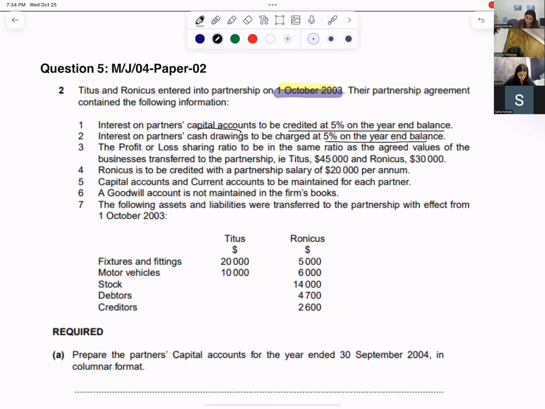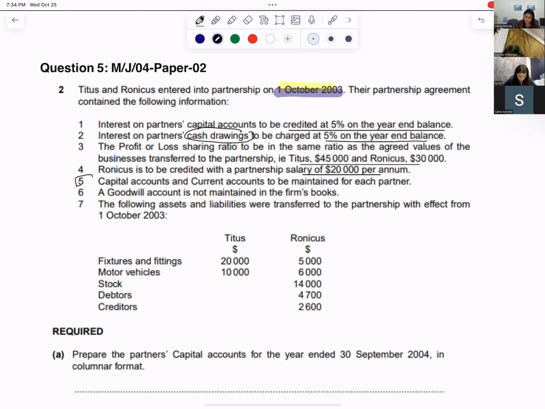The profit or loss sharing ratio to be in the same ratio as agreed values of the business transferred to the partnership, i.e. Titus 45,000 and Ronicus 30,000. Ronicus to be credited with a partnership salary of 20,000 per annum. Capital account and current account to be maintained for each partner. A goodwill account is not maintained in the firm.